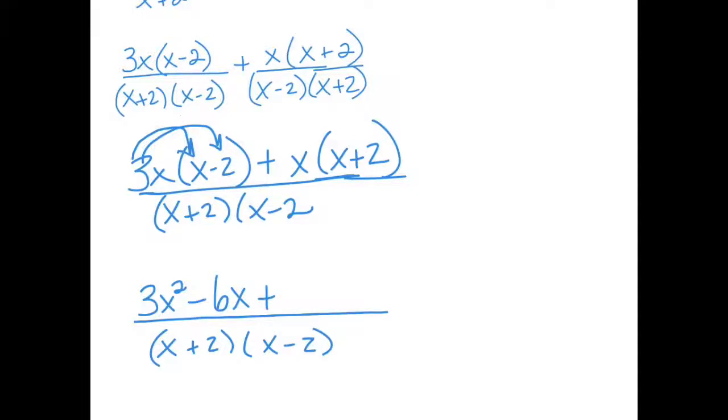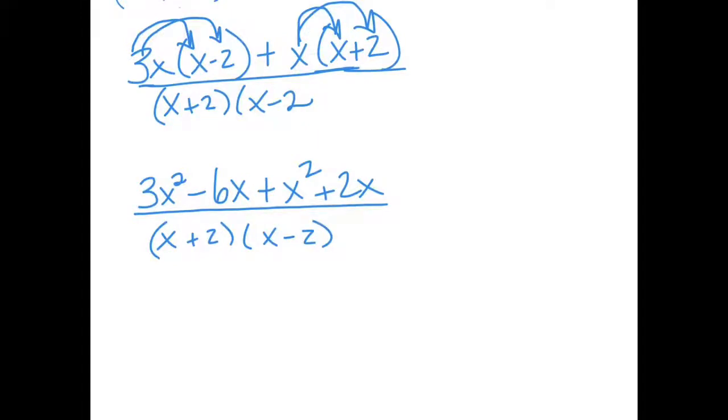Then I'm going to add that to x times x, which is x squared, and x times positive 2, which is positive 2x. Now we're going to combine like terms and simplify this numerator, always keeping the denominator as x plus 2, x minus 2.